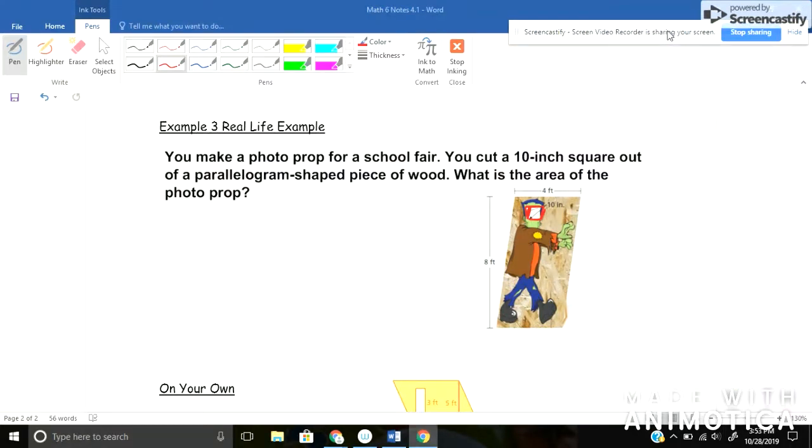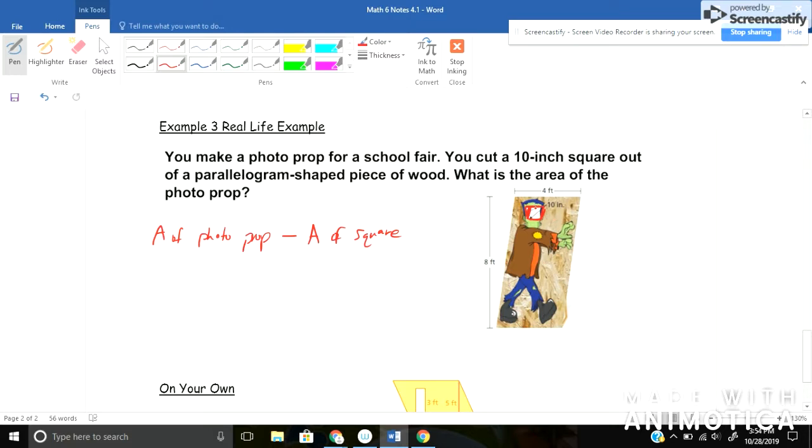Okay, so like I was saying, we're going to find the area of the photo prop. And we're going to subtract the area of the square because that part is cut out. We want to know the area of just the photo prop.